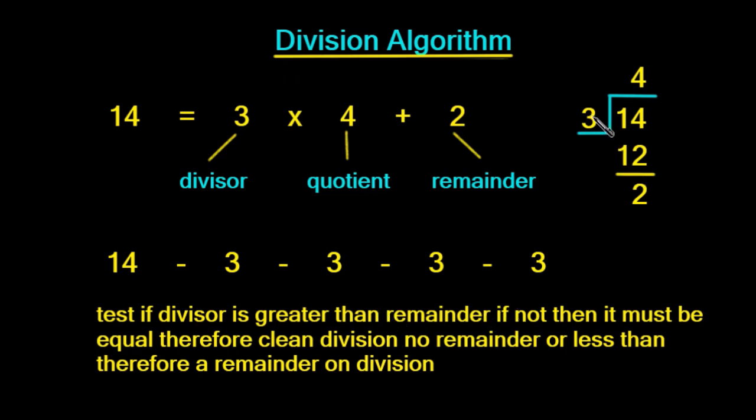If it is equal to it, it means that we'll have done a clean division and there won't be any remainder. Or if it's less than, it means that we're going to have a remainder. For example, in this example here, we're going to have the remainder 2. So we're going to have to work through this little algorithm. So let's go ahead and do that now in the assembler debugger.